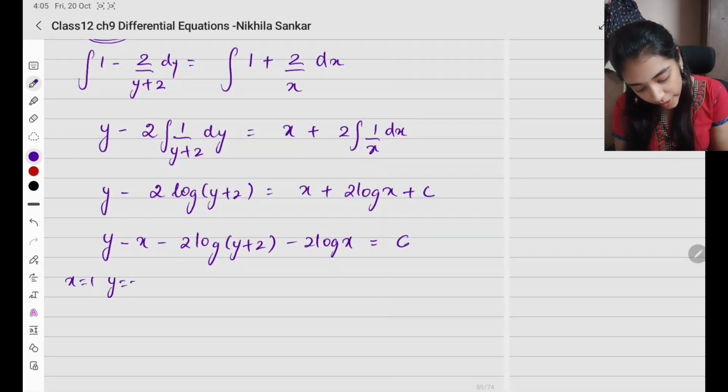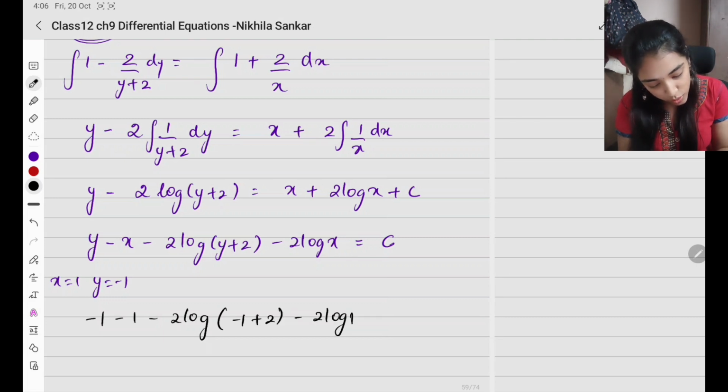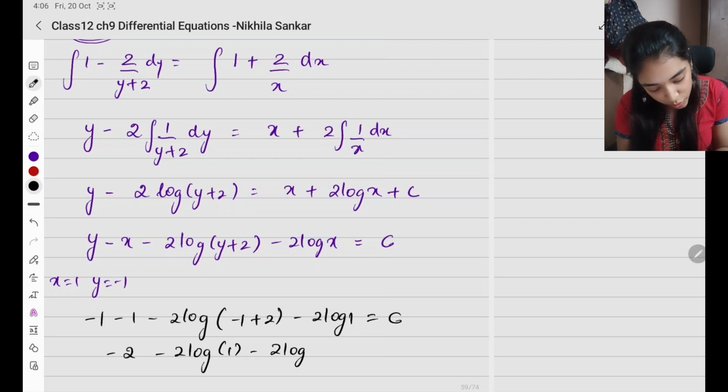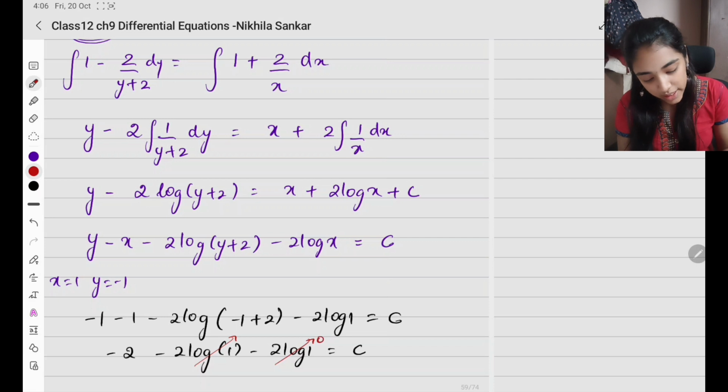So x equals 1 y equals minus 1. When I substitute the values, I have minus 1, minus 2 log minus 1 plus 2 minus 2 log 1 equals, see, when I finalize, I have minus 2 minus 2 log of 1 minus 2 log 1 equals, see, log 1 is going to be 0. So in the term 0, in the term 0. So I'll be having c equals minus 2.